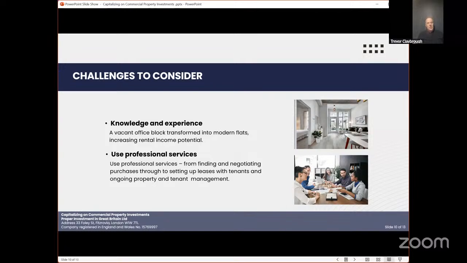So for the deals that we're currently sourcing and presenting to people, specifically SIPP pensions looking for commercial investments, I'm doing this with a business partner who's got something like 15 years of experience in commercial property management. He started a couple of years ago buying his own commercial light industrial mixed-use blocks.